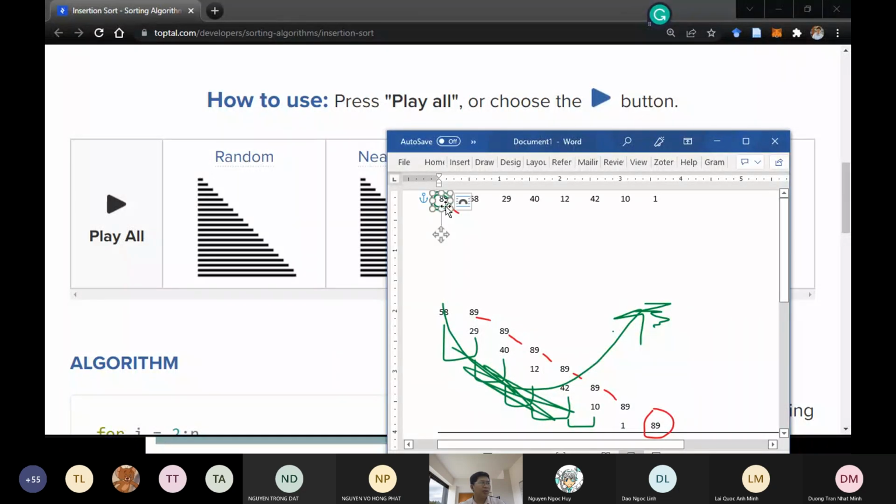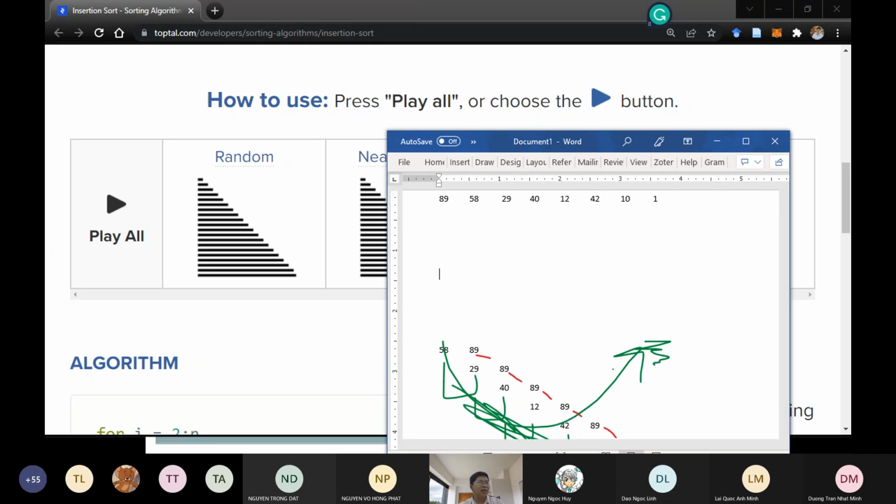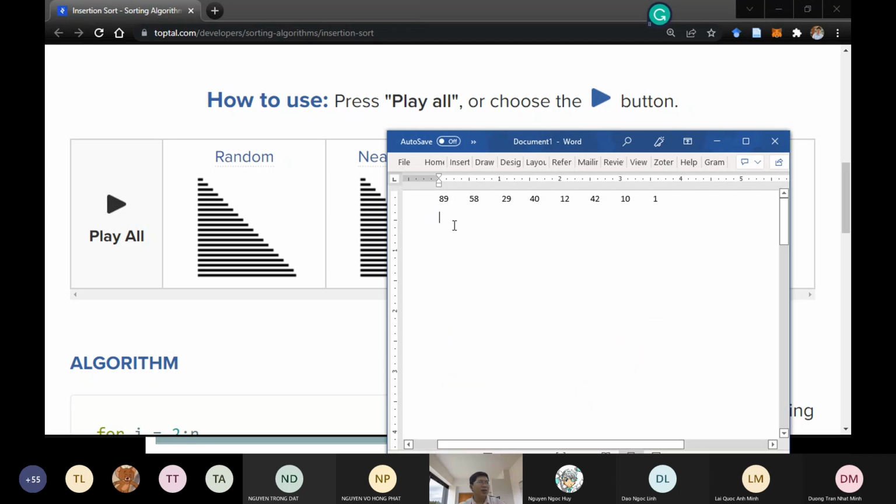Okay, let's say this is my array. At the beginning, I consider that this has one element only, so we don't need to sort anything. Just leave it like that. My task is to insert the next element into this array.